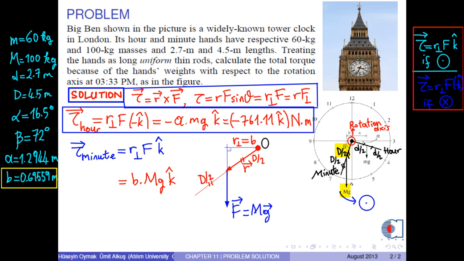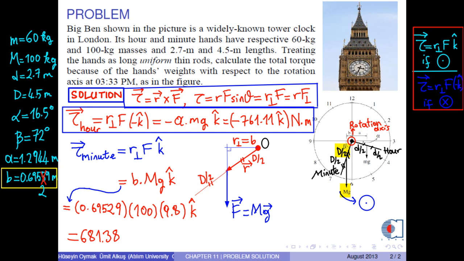Now, we put the numerical values into this formula. As a result, we obtain the torque because of the minute hand as 681.38 k hat in Newton meters.